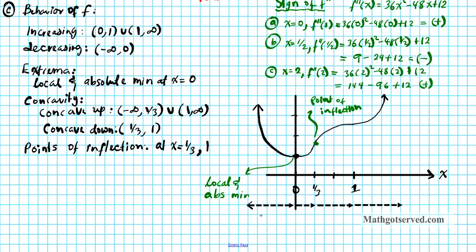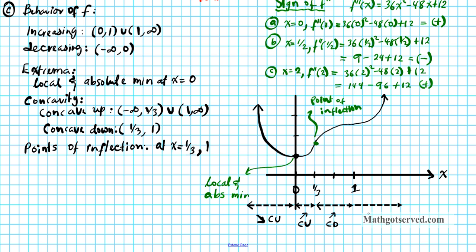So on this interval right here, it's decreasing and concave up. So that's what it looks like, going down and the curvature is upwards. From this interval from 0 to 1/3, what is it doing? It's increasing and it's concave up still. All right? And then from 1/3 to 1, it's still increasing, but the concavity changes to concave down.